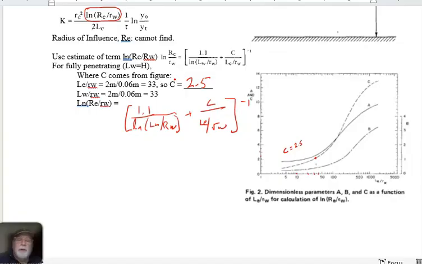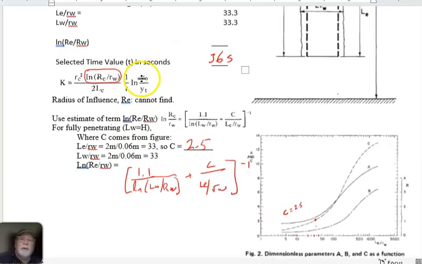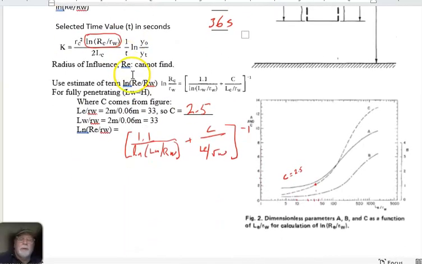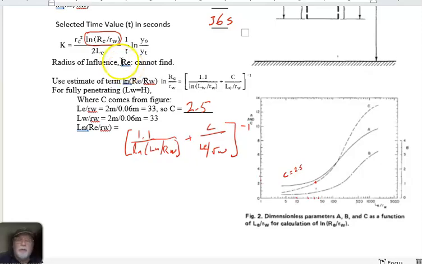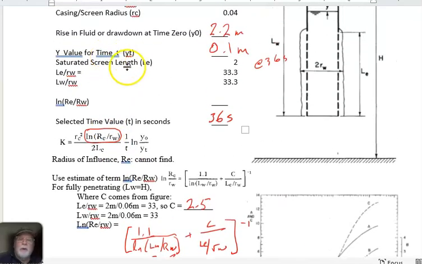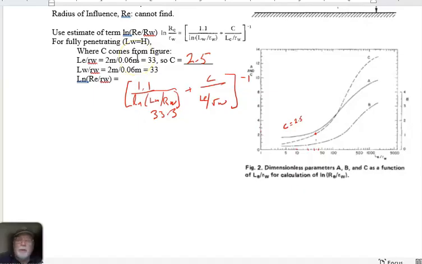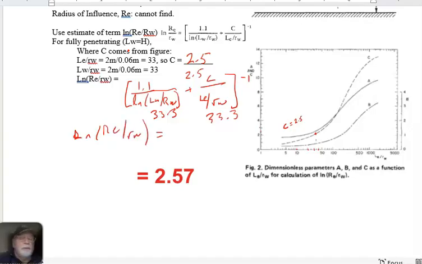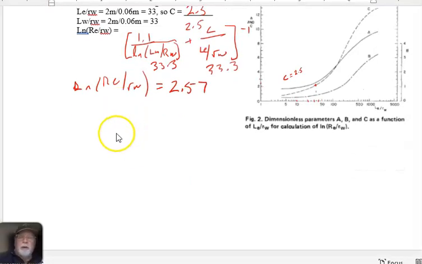So if I plug in here, the LW over RW was 33.3, LE over RW was also 33.3, C was 2.5. So if I plug it in and take the inverse of that, I have written down that the log of RE over RW equals 2.57. So we'll plug that into our equation.